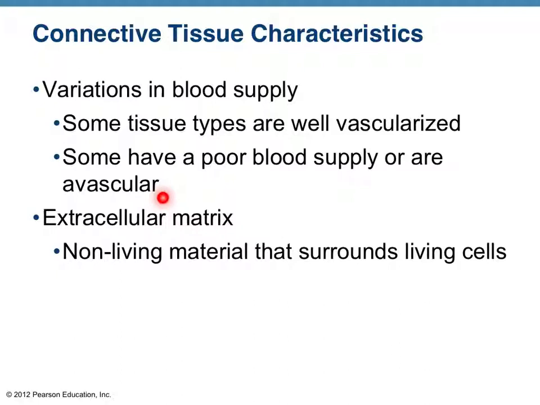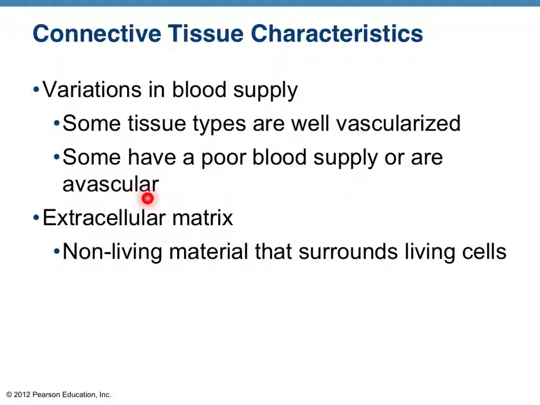And because of that, some types of connective tissue are actually very poor healers. If there's an injury to that tissue, if there's some sort of physical damage, it tends to remain that way because they don't receive nutrients and they don't receive oxygen. Therefore, they don't regenerate or reproduce very well.